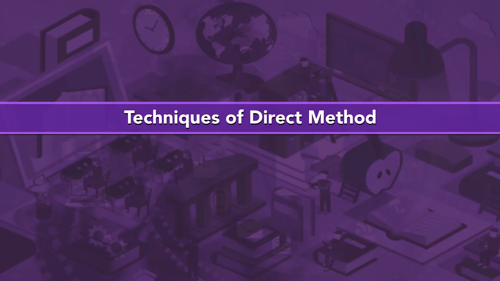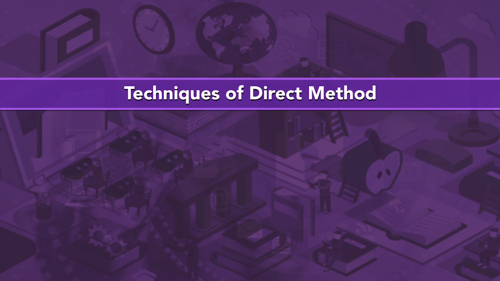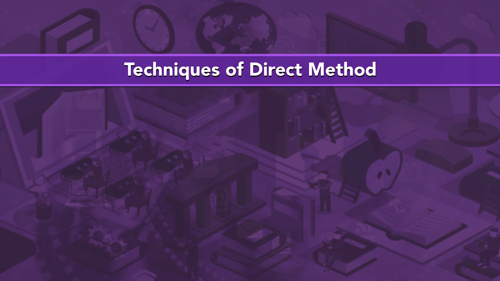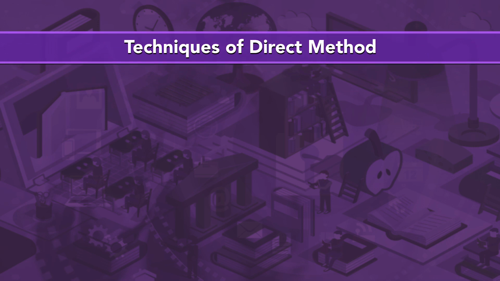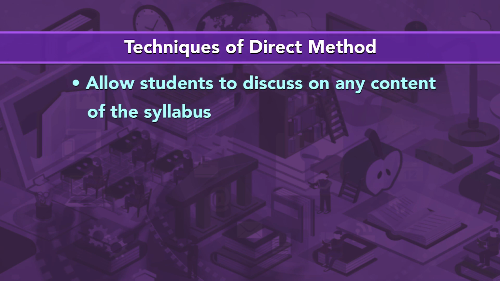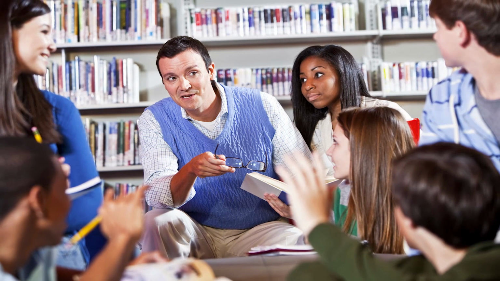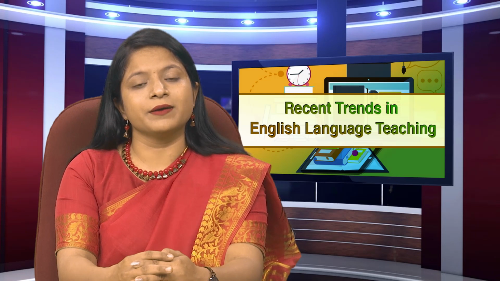Those who would like to teach with the direct method can use certain typical techniques. First, they can allow students to discuss any content of the syllabus. In fact, to make them free, the teacher can ask them to discuss in a group about current issues, current topics, or even movies, politicians, sports, or any other topics in which they have an interest.